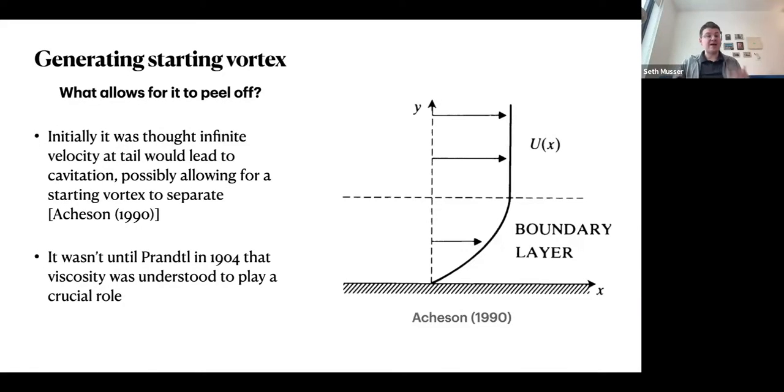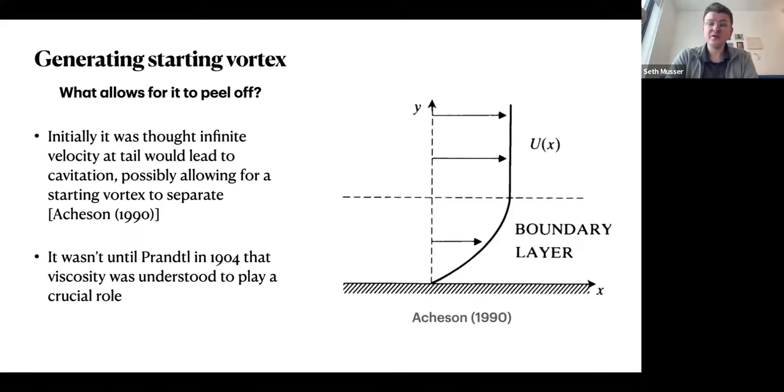Okay, so how do we actually get this starting vortex? There's a bit of history in Acheson's Elementary Fluid Dynamics, which, by the way, is an excellent textbook. Many of my figures are from this book. So if you want to learn more about the theory of flight, this is absolutely the one I'd recommend.